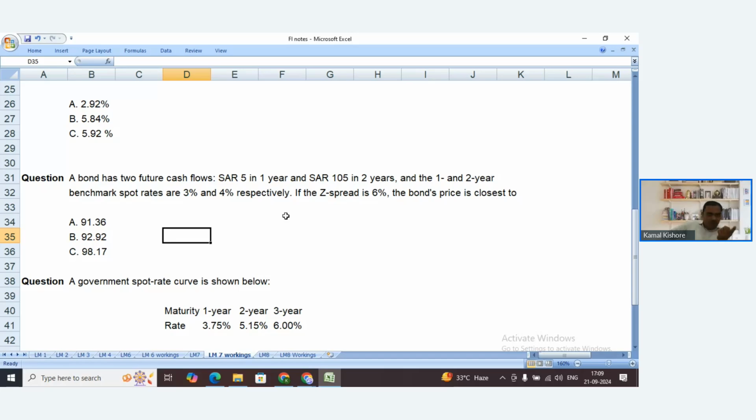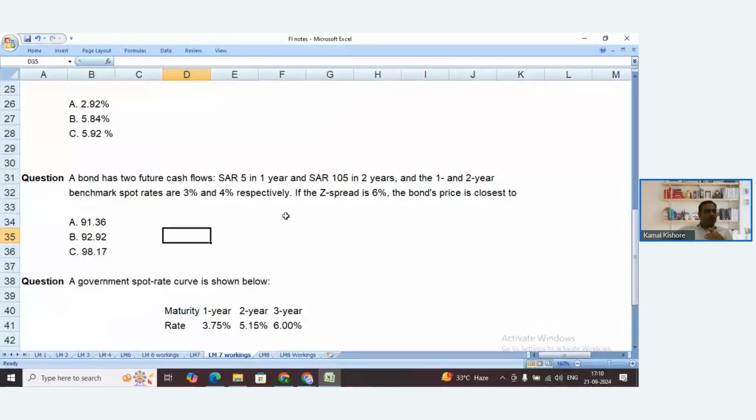South African rand. 5 in 1 year, that is my coupon, and 105 in 2 years, basically maturity and the coupon. Okay, and they are giving the 1 year spot rate from today. 1 year yield today is 3% on a government bond. 2 year yield on a government bond is 4%. So use these numbers, calculate the price and go home. You have to use the cash flow function, or you can use the manual TVM function. Manual formula also you can use. Different discount rates. I need to calculate the present value, price. Year 1 it is different, year 2 is different. So to calculate the year 1 cash flow, I will use the year 1 discount rate.